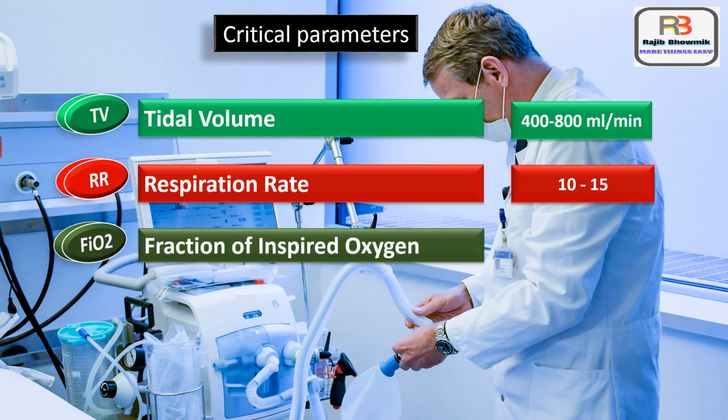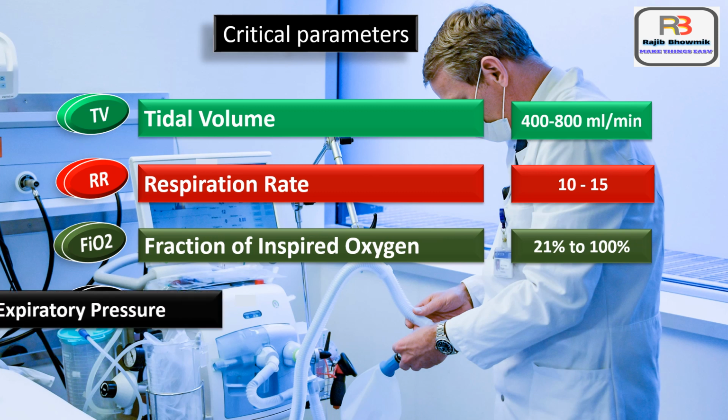FiO2, that means fraction of inspired oxygen. The range is 21% to 100%. Suppose FiO2 is mentioned as 50%. That means if the total gas is 100%, then oxygen is 50%.